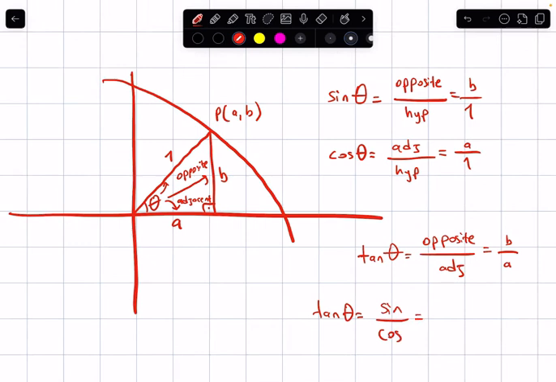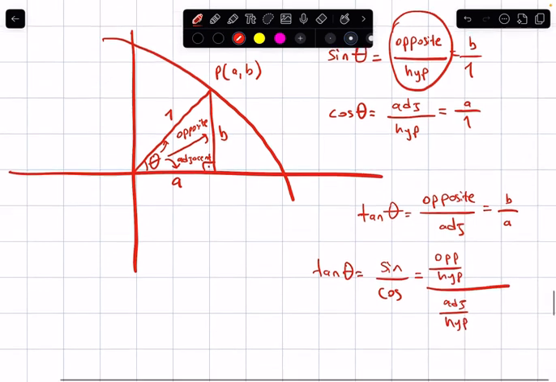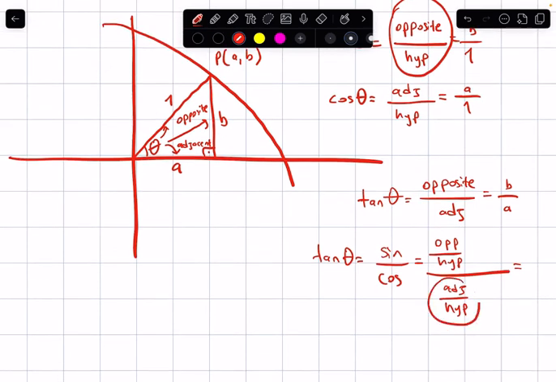Sine over cosine: opposite over hypotenuse, over adjacent over hypotenuse. And I'm just taking this and flipping it, if I want to get rid of the division. What's happening then? Opposite over hypotenuse times hypotenuse over adjacent. See, these cancel each other out. Opposite over adjacent.